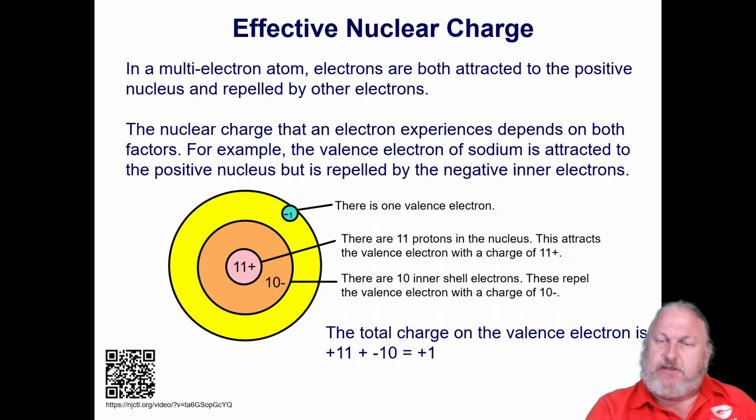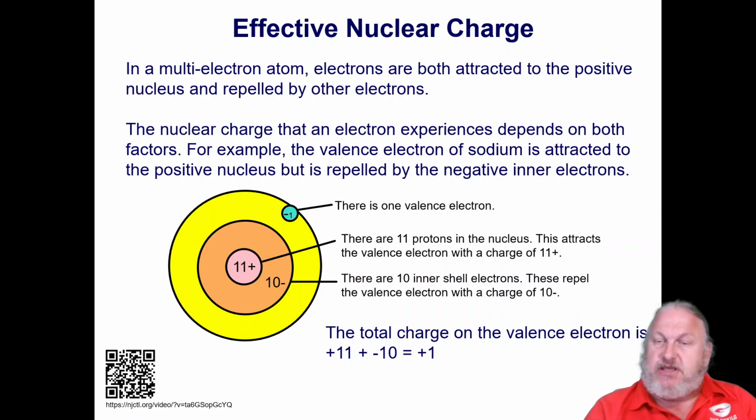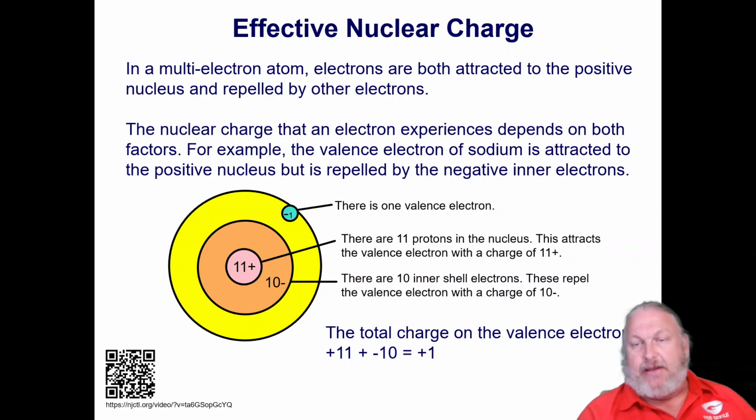Right, so if you look at the configuration for sodium, it has 1 valence electron. So there's 11 protons in the nucleus. All right, so those 11 protons are attracting the valence electron. Now, there's 10 inner shell electrons, the 1s2, 2s2, and the 2p6. These 10 inner shell electrons are repelling the valence electron with a charge of 10 minus.